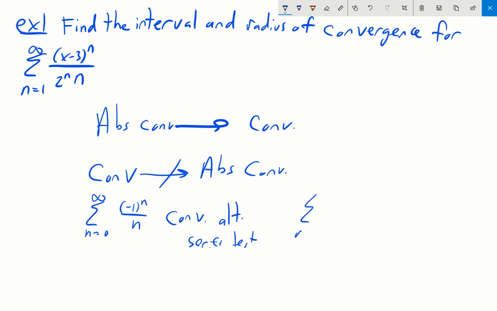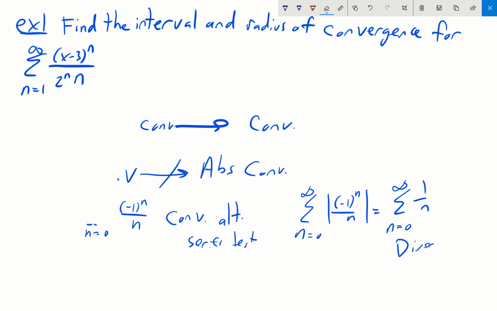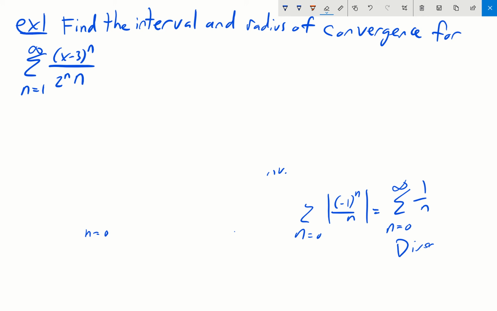Yet, if you were to look at the absolute value of this, it would be the sum from n equals 0 to infinity of 1 over n, which is a divergent series. So be very careful. Absolute convergence implies convergence, but not the other way around.